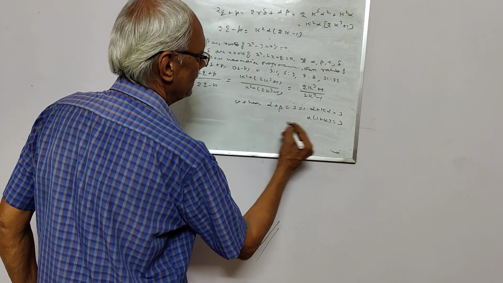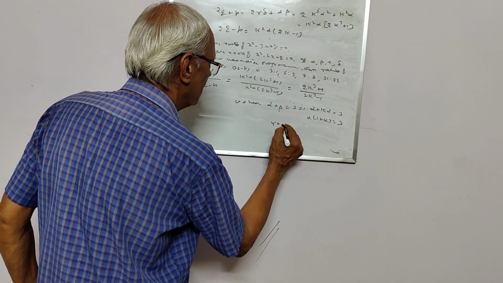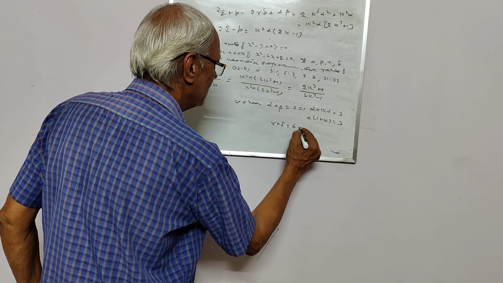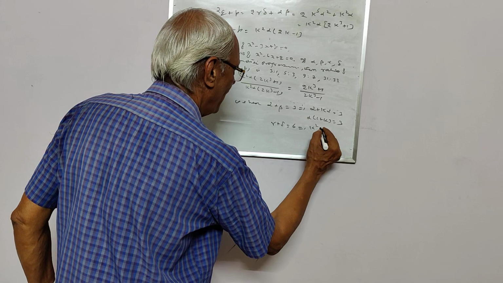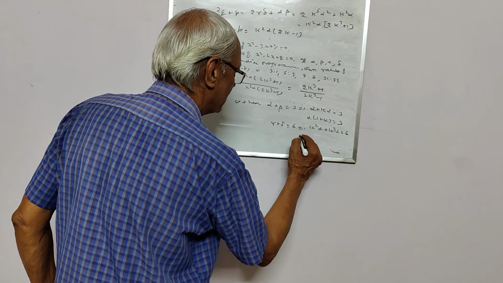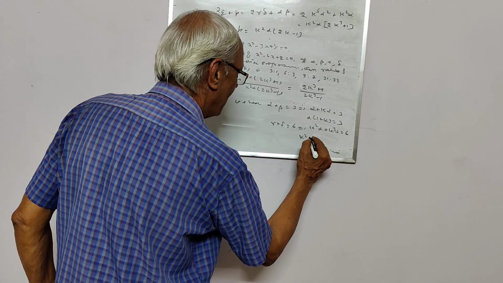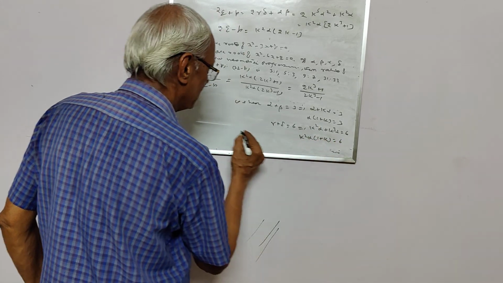Then, another one is gamma plus delta is equal to 6, which implies k squared alpha plus k cubed alpha is equal to 6. So k squared alpha into 1 plus k is equal to 6.